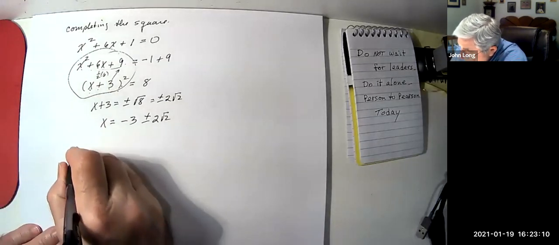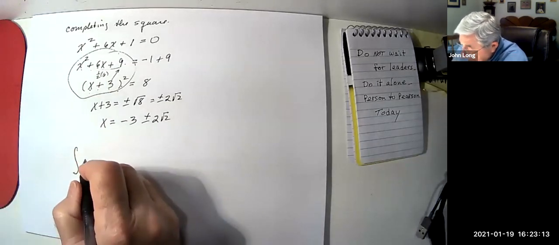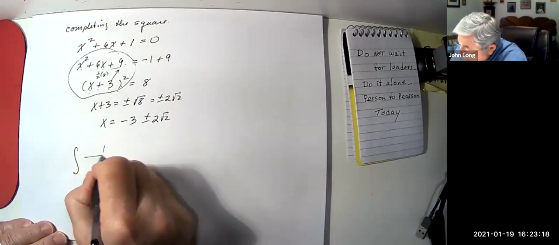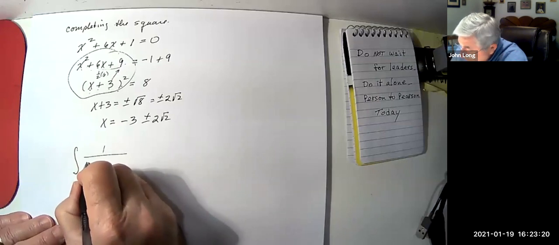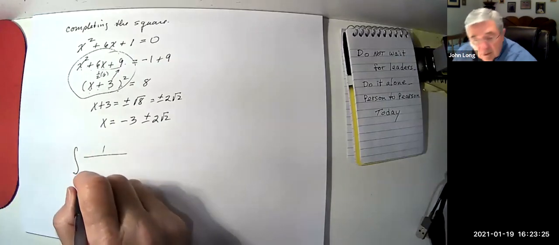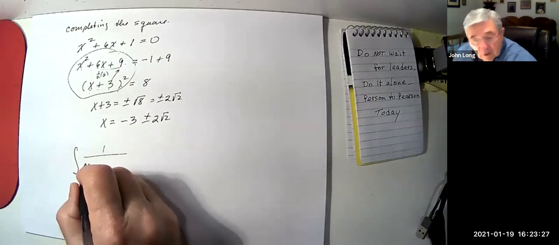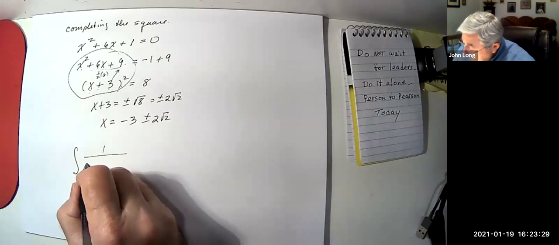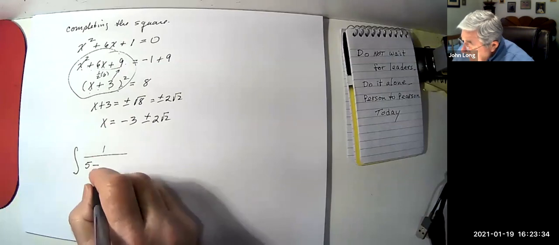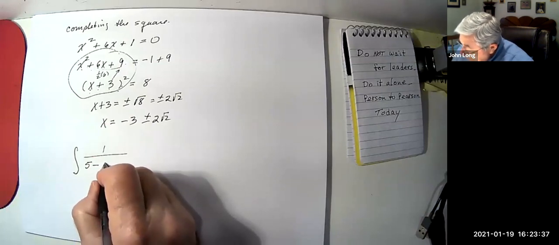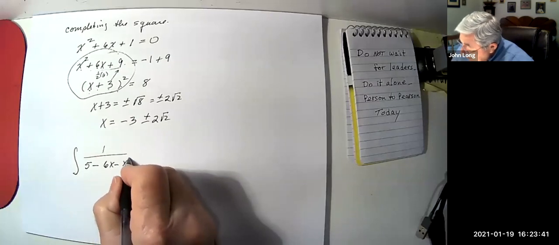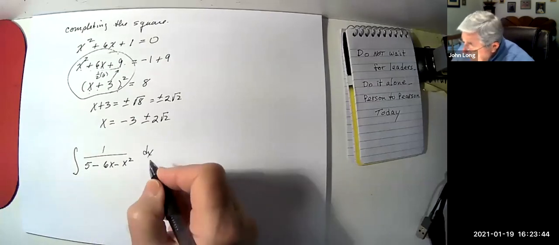Suppose we had an integral of 1 over something that had some of this part in it. 1 over 5 minus 6x minus x squared dx.